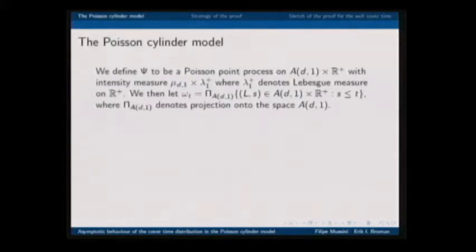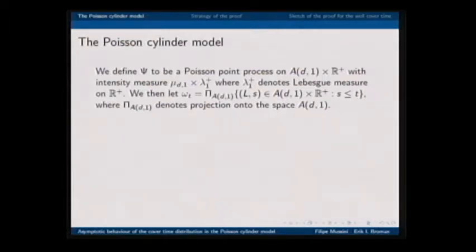So the problem is quite simple. It's quite simple to explain, but very difficult to put into formal mathematics, so I'll be very short here. We define a Poisson point process on the space of lines. This is the A(d,1). And we put some marks on them. These marks should be interpreted as a time parameter. So as time goes, we will keep throwing some cylinders in the Euclidean space.